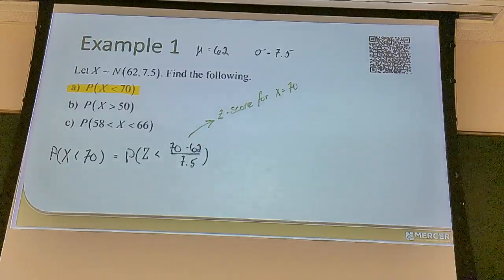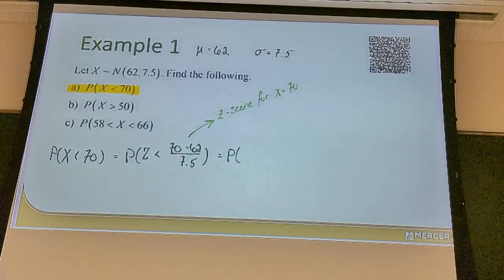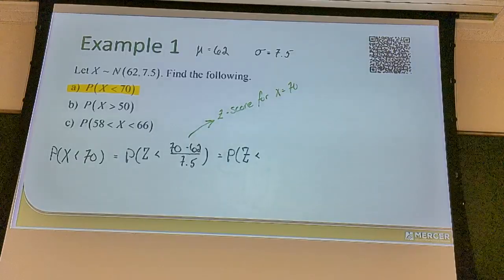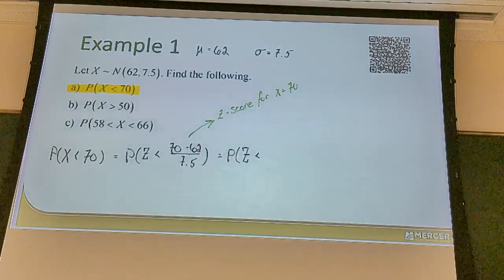So we're converting 70 into a z-score. That's what the 70 minus 62 over 7.5 is. 70 minus 62 is 8, over 7.5. I'm going to go to 2 decimal places. I got 1.07 for the z-score. Make sure you can get that.